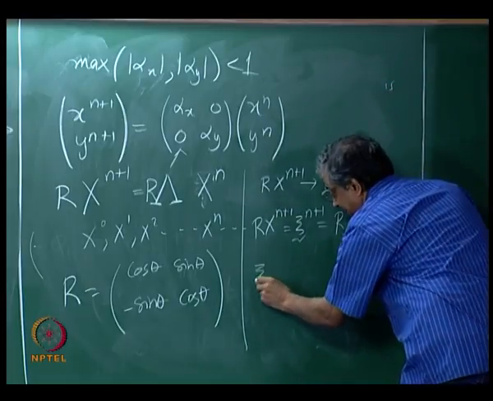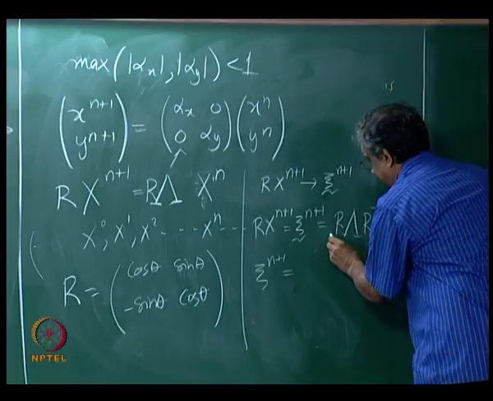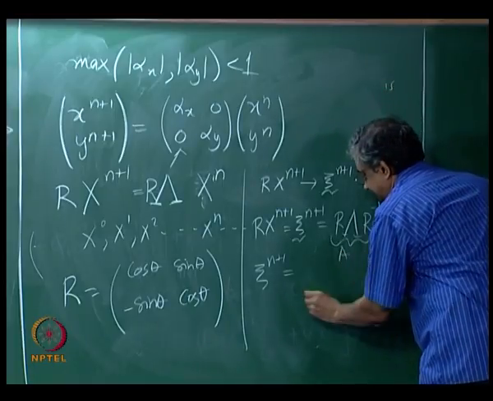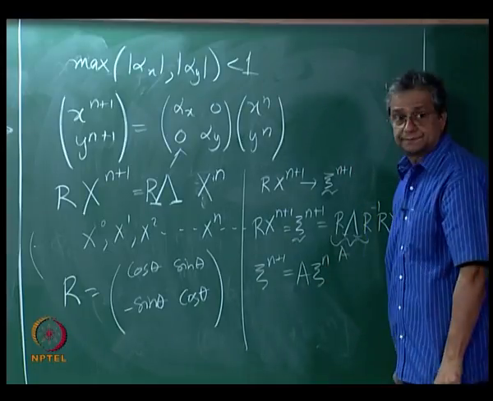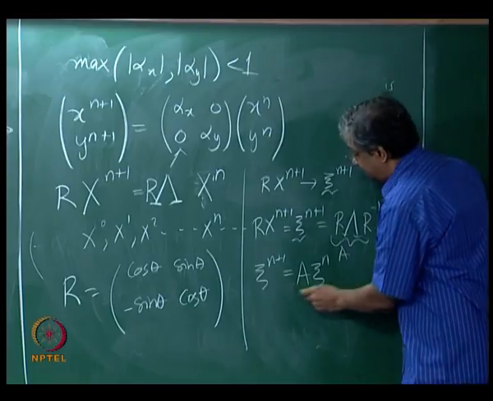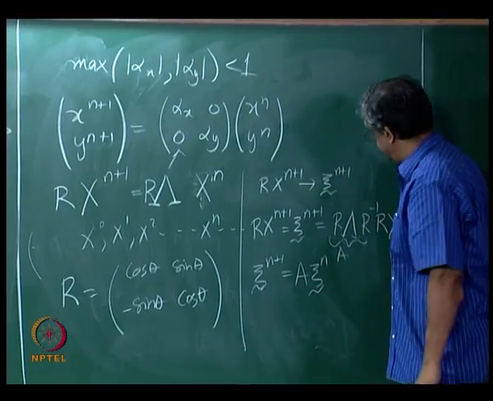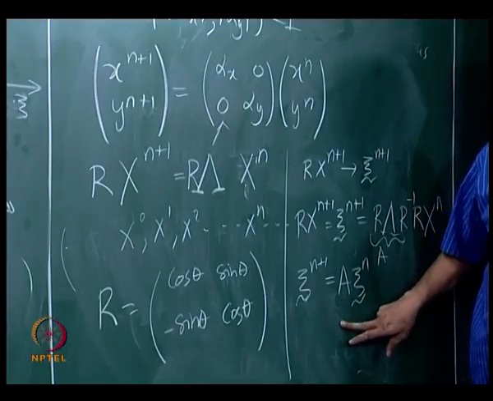So this tells me Xi n plus 1 equals, if I call this matrix A, times Xi n. These are the vectors that we get in the second set of coordinates, right.